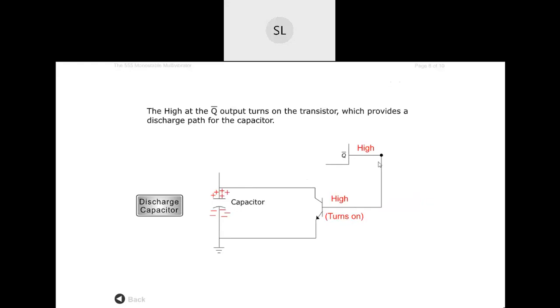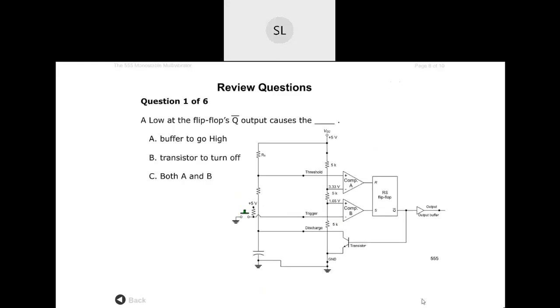Once the output of this timer switches from high to low state, this Q bar will switch on this transistor Q again, and the capacitor will now start discharging through this internal transistor Q. Once the capacitor discharges, the output will remain low till we apply the triggering signal once again at pin number 2.